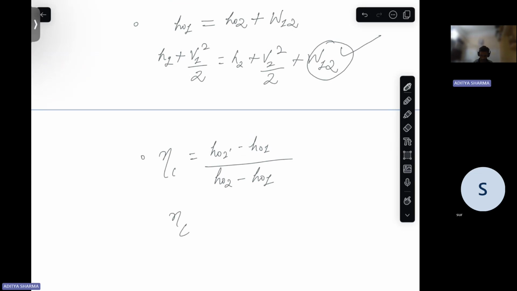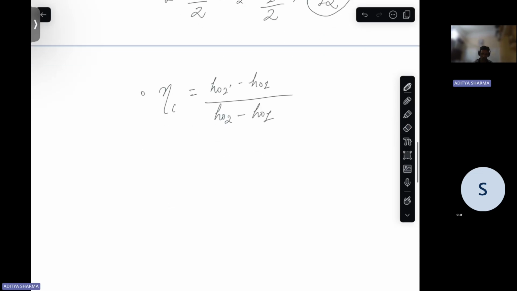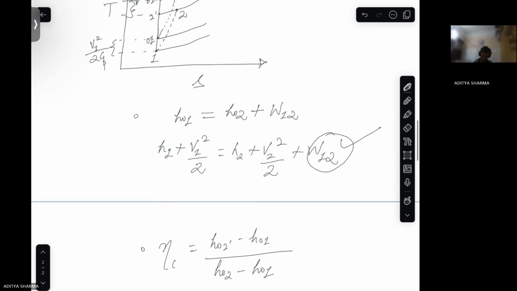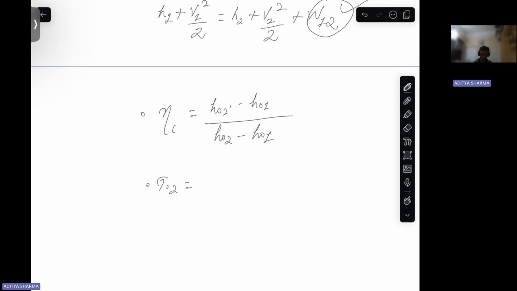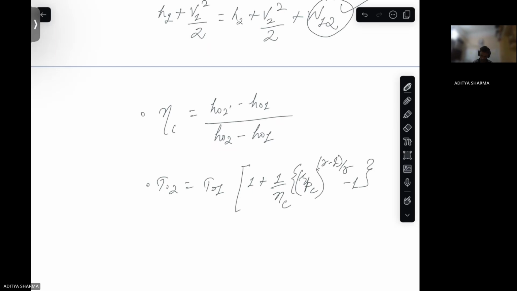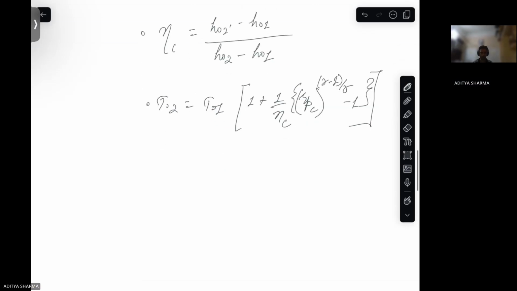So from here, one important formula that comes out, expanding this, is E naught 2 equals E naught 1 times this.